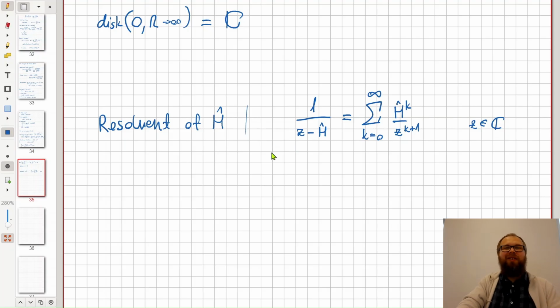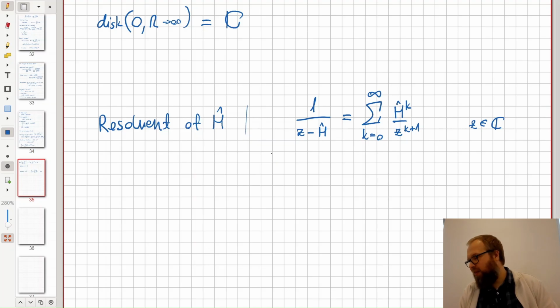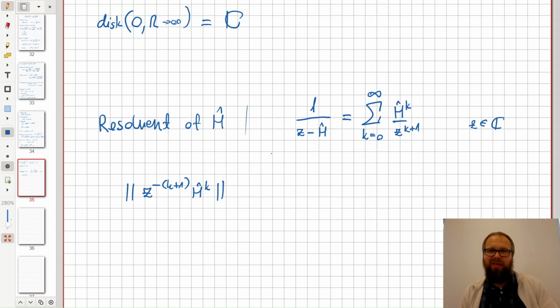If we want to check convergence, of course, we have to find a bound for our series. So in the case of this resolvent, we have the norm of our series. I can write it like this: Hk, right? That will be the norm of a term from our series.